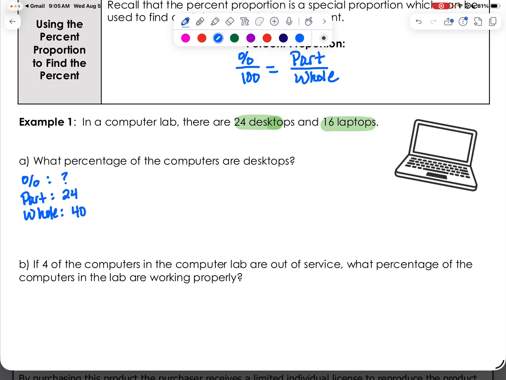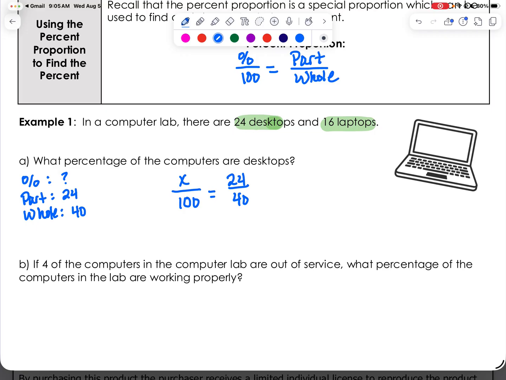So we're going to set up our percent proportion, which is percent over 100. Now in this problem we don't know the percent, so I'll call it x over 100 equals 24 over 40. To solve the percent proportion, we need to find the scale factor.